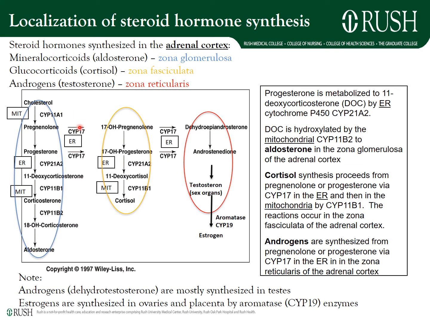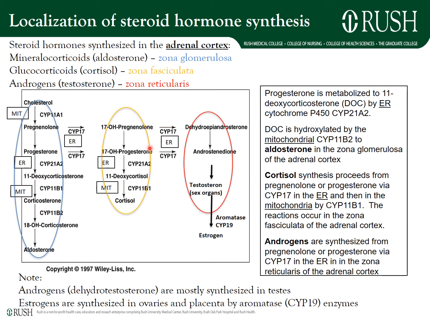Now CYP17, the 17 hydroxylase, works in the ER of the zona fasciculata cells, and with CYP21A2, the same enzyme which was acting in the ER in the zona glomerulosa, will act in the cells in the zona fasciculata and produce deoxycortisol and cortisol with the CYP11 in the mitochondrion.